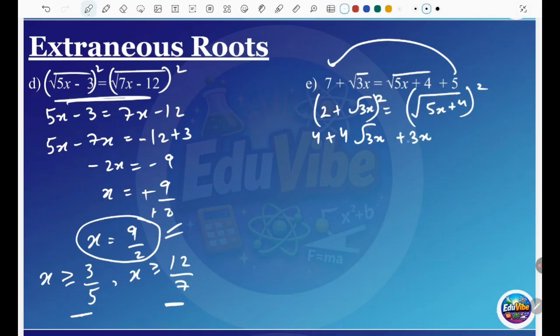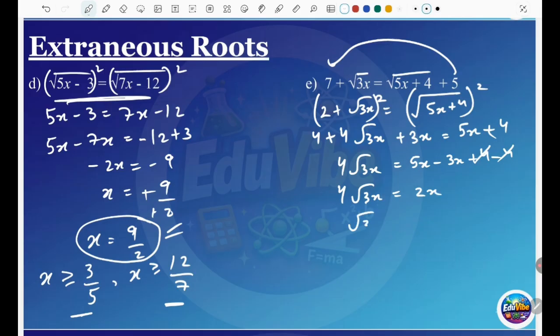You have to know that this is your a plus b whole squared. So 4 root 3s is equal to 5s minus 3s plus 4 minus 4, which goes out. So now you only have 4 root 3s is equal to 2s. Now this is equal to this upon this.